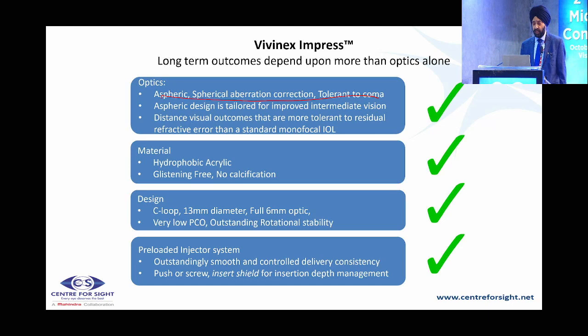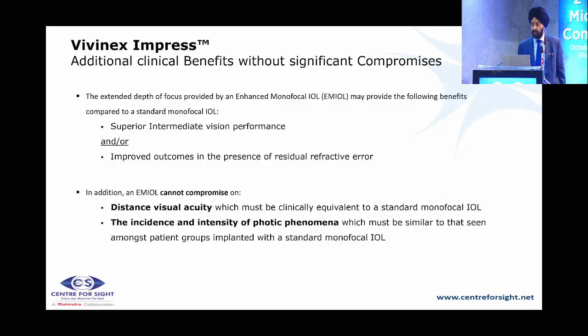Material: hydrophobic acrylic, glistening free, no calcification, C-loop 13 millimeter, full 6 millimeter optic, very low PCO, and rotational stability for the toric is pretty good. The other important thing I have seen is the multi-cert preloaded IOL. All their IOLs today in the Vivinex and the Impress family come as preloaded lenses, and the multi-cert injector is really fantastic.